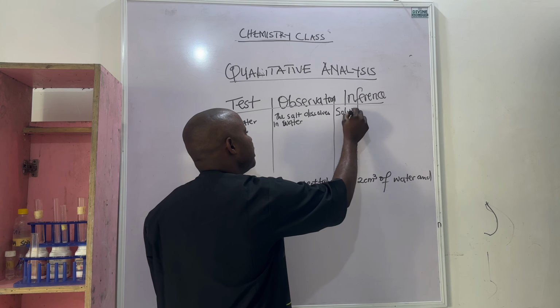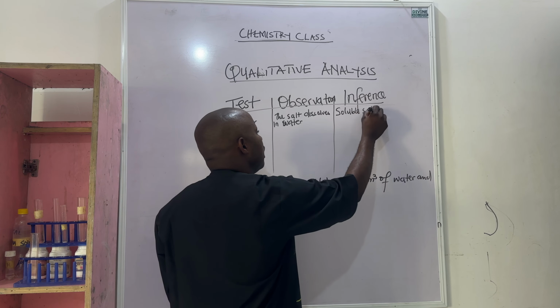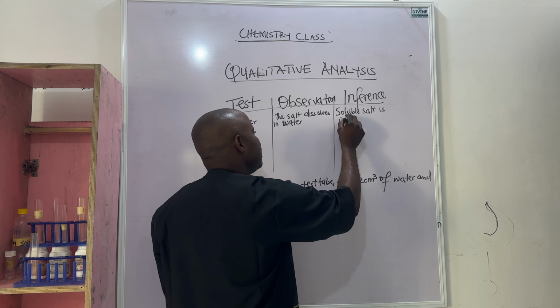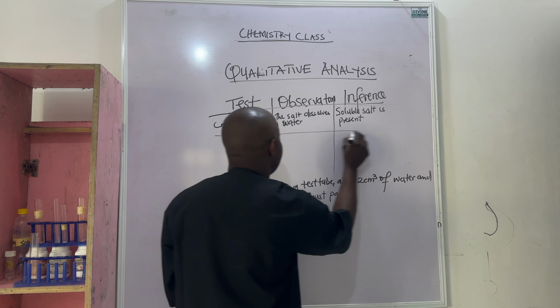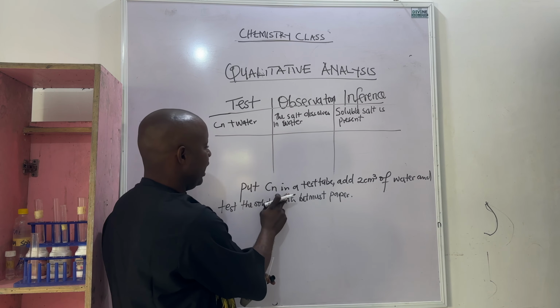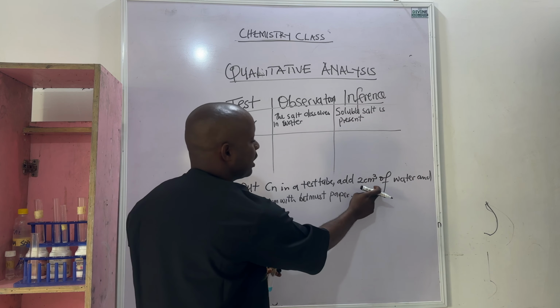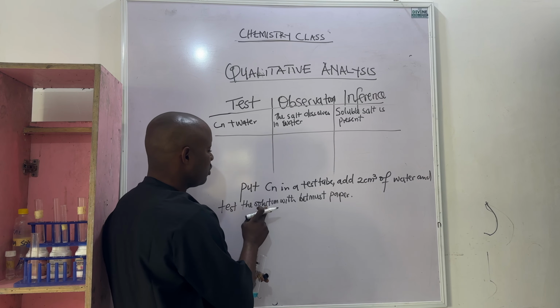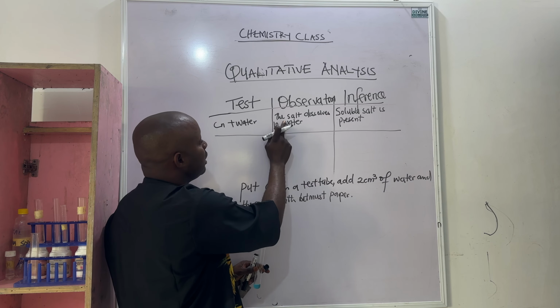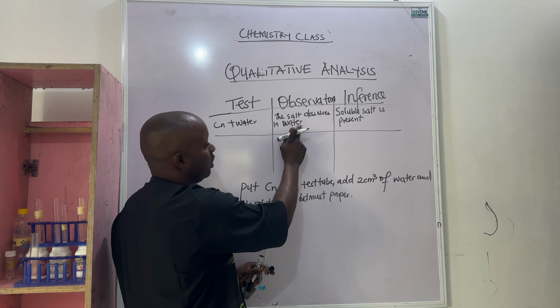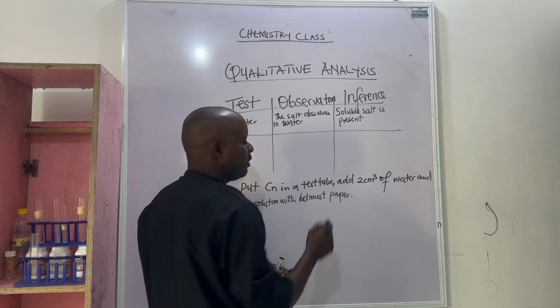Soluble salt is present. This is what you are reporting. So this is the first test. It said put Cn in a test tube, add 2 cm cube of water, and test the solution with litmus paper. In this aspect, we say Cn plus water: the salt dissolves in water. Soluble salt is present.